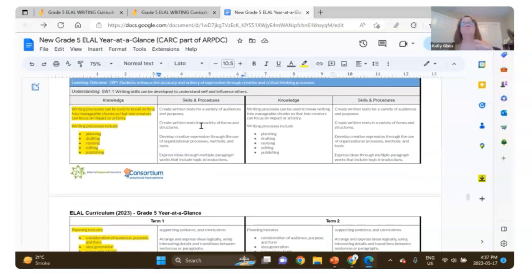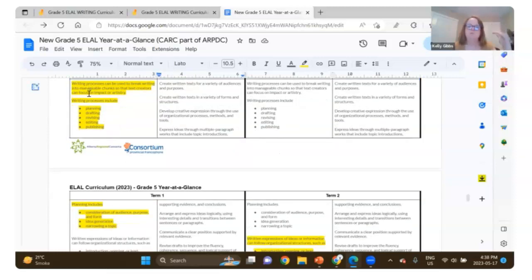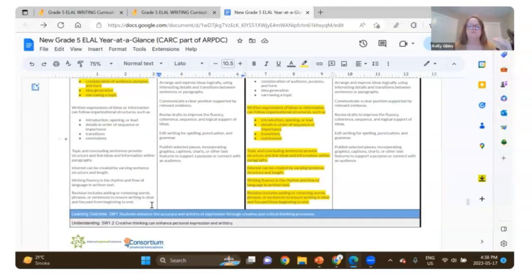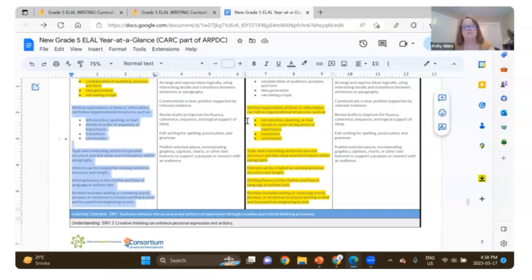The grade 5 one is a little different from the other grades. Here is the understanding that writing skills can be developed to understand self and influence others. Of all of the knowledge here, this bottom part isn't highlighted until the second term to teach it.